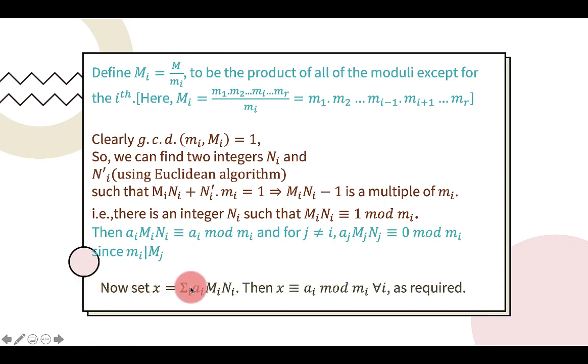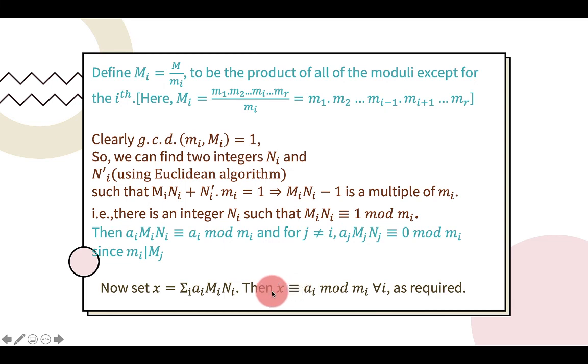Thus, if we set small x equal to the summation over i of ai Mi Ni, that is the sum of all such terms, then x will be congruent to ai modulo small mi. Combining these two congruence relations, we get x congruent to ai modulo mi.